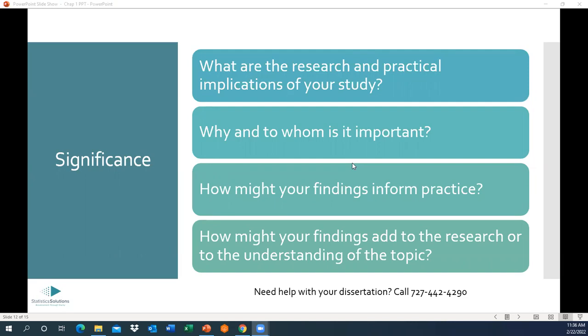So let's say you're doing an education study. Your findings may have significance or implications for teachers, for what teachers actually do, what they do in the classroom. It could have significance for administrators. It could tell them certain things, what classes to offer, what not to offer, who to hire. And so that's the kind of thing they're looking for, practical level significance.